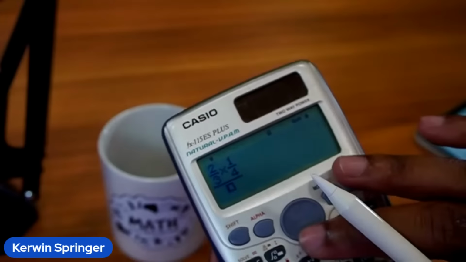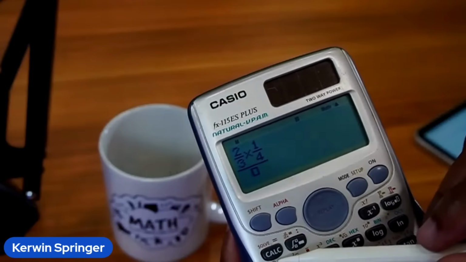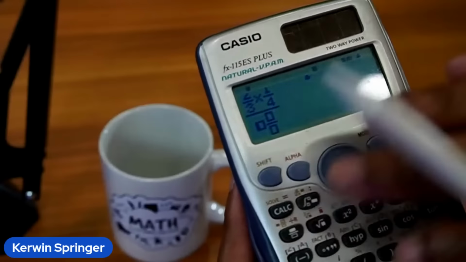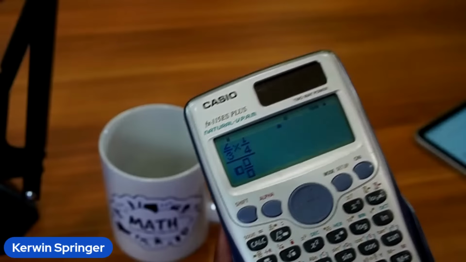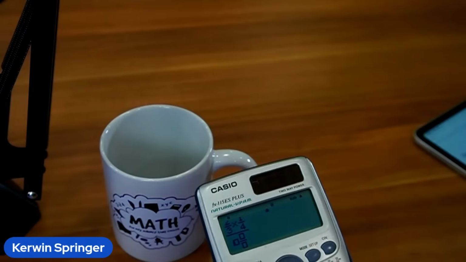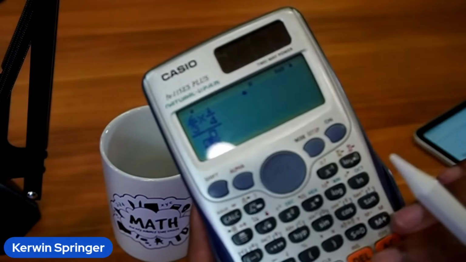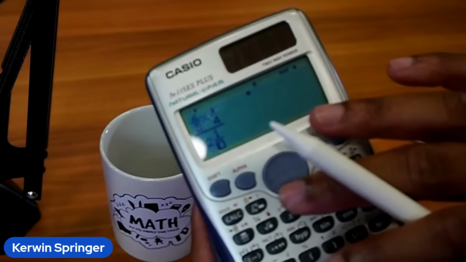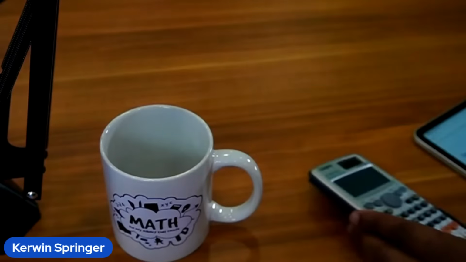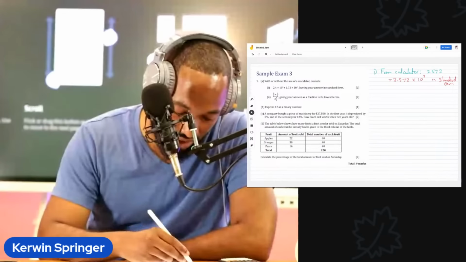So there's actually, if I press shift and then I press the fraction key, I can get my mixed numbers. That's the only way to do mixed number fractions. You can't manually put a number and then put a fraction. So 2.5, bang, 1/15. From the calculator, I just straight up got that.